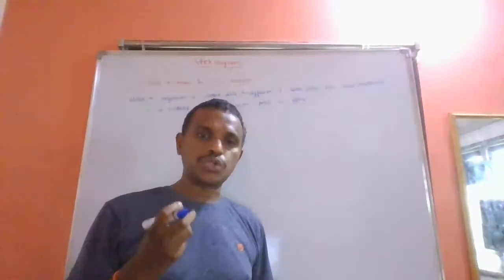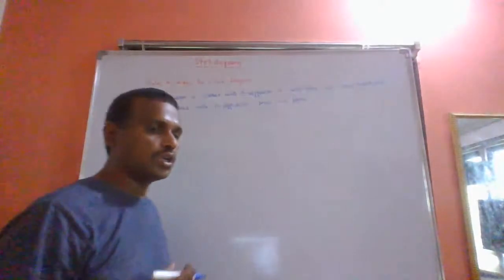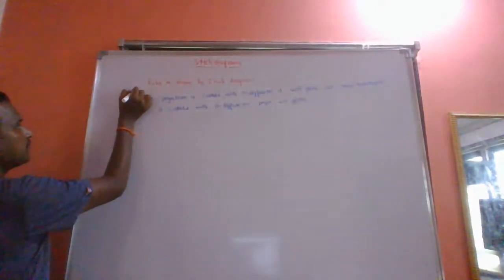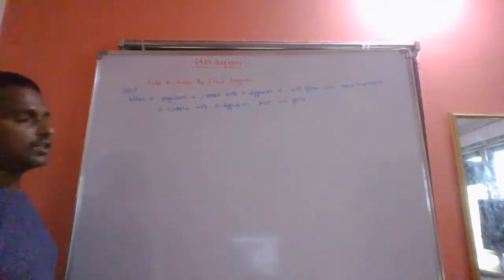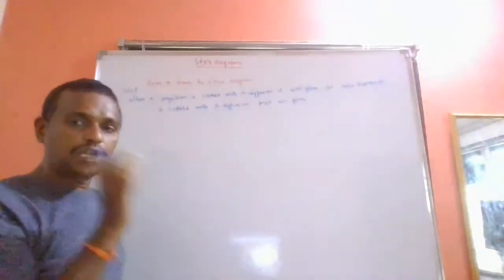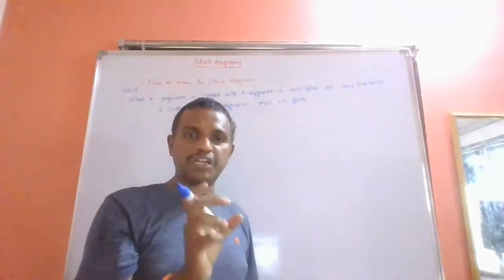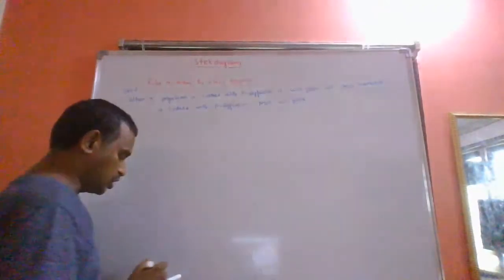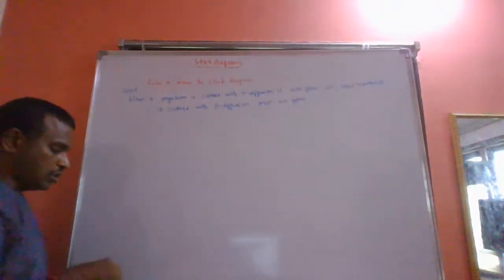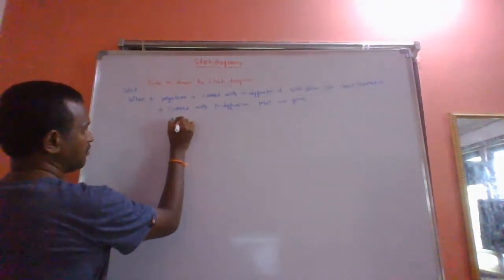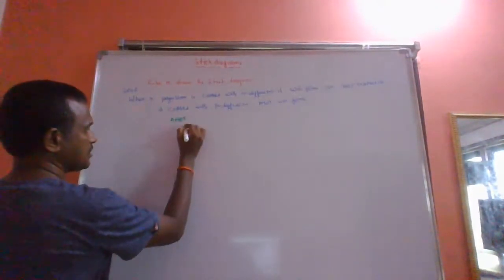So the conclusion is the first rule, rule 1: when a polysilicon is crossed with the diffusion, an enhancement transistor will be formed. So that is the first rule.